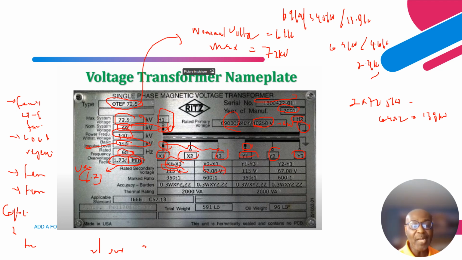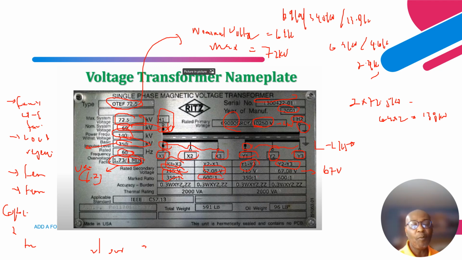Then Y1 to Y3, right? We can achieve a line to line voltage of 115 volts. Then Y2 to Y3, we can achieve that 67 volts. Now let's talk about the ratio. It's telling us that between X1 to X3, the voltage ratio is 350, and between X2 to X3, the voltage ratio is 600:1.